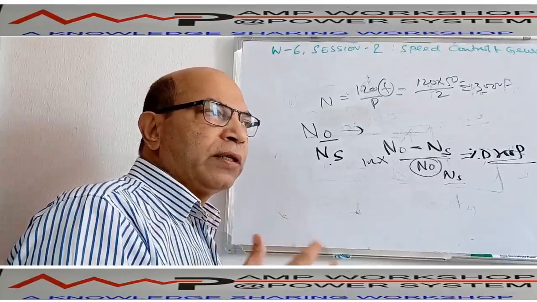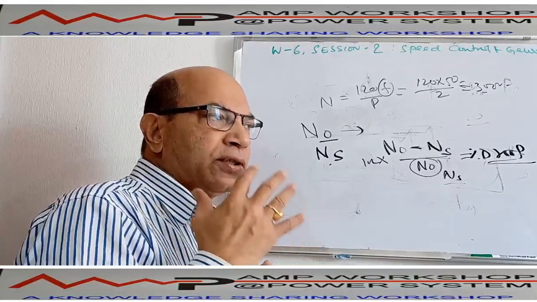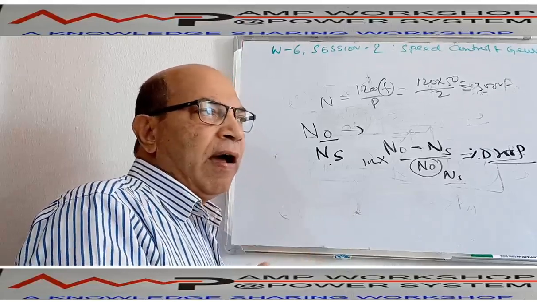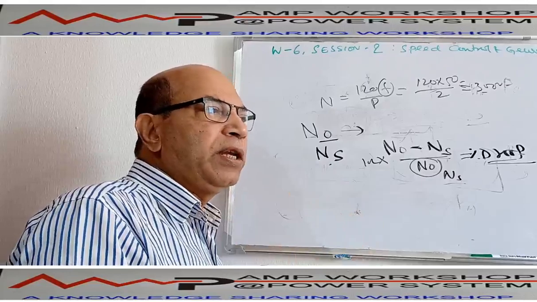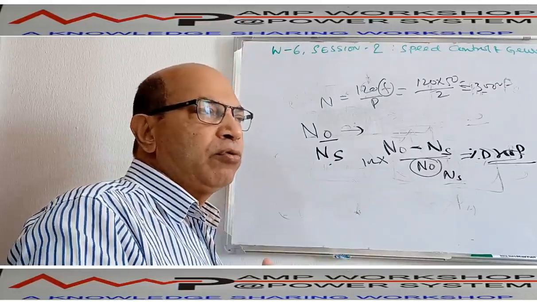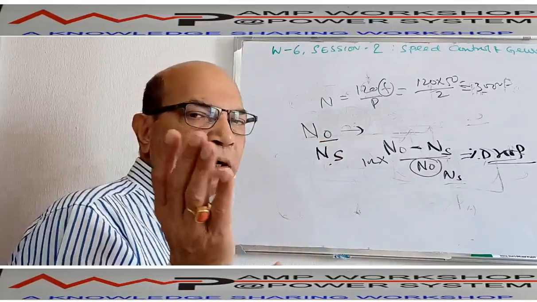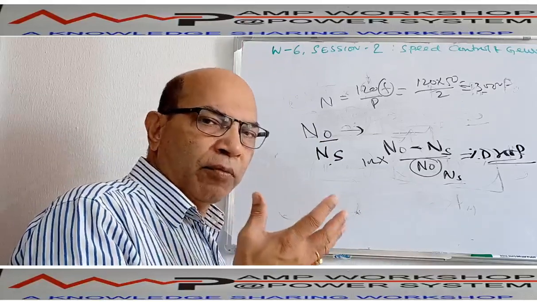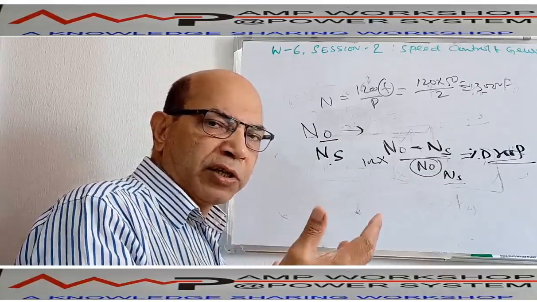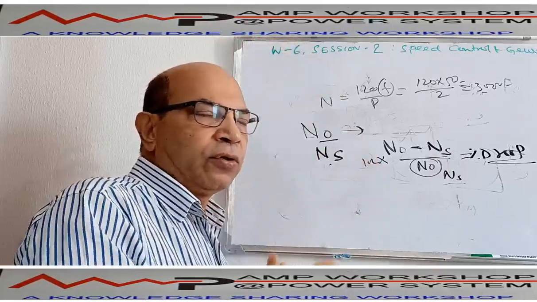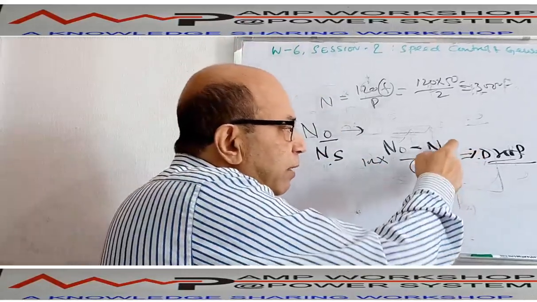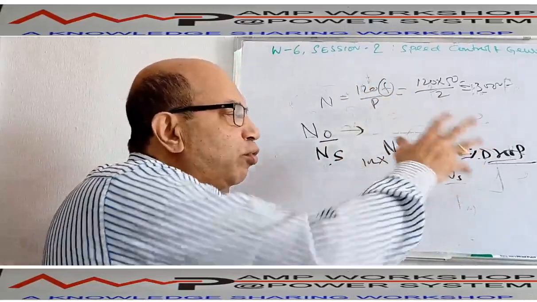Droop means how much the speed has changed from the nominal or rated speed. It could increase or decrease. If you withdraw the electrical load, the mechanical output will be more, and immediately the speed will swing up. In that case ns will be more, and the droop will be negative.